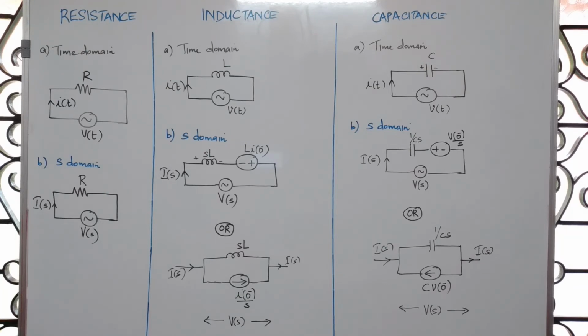So we should clearly know how to express inductor and capacitor in S domain in both conditions, when there are no initial conditions as well as when there are initial conditions. So this table should be understood very clearly.